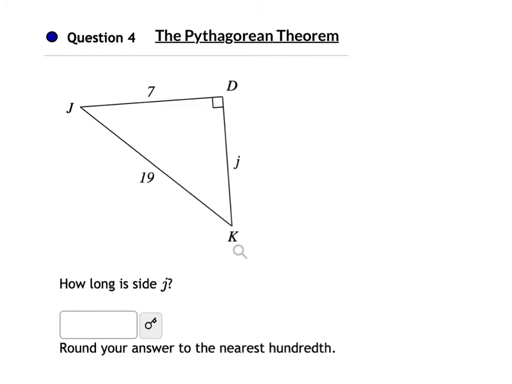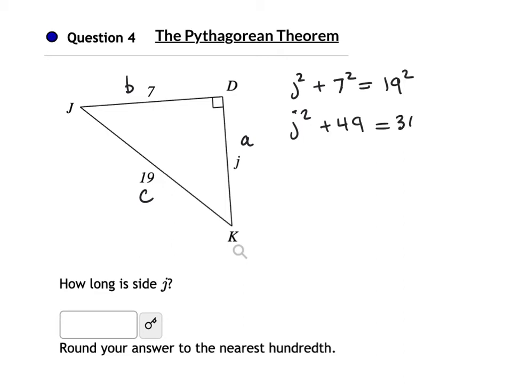In question 4, we're going to find a leg. This is our A or B. You can interchange them, remember, and there's our C. So we know that j squared plus 7 squared is equal to 19 squared. J squared plus 49 is equal to 361.